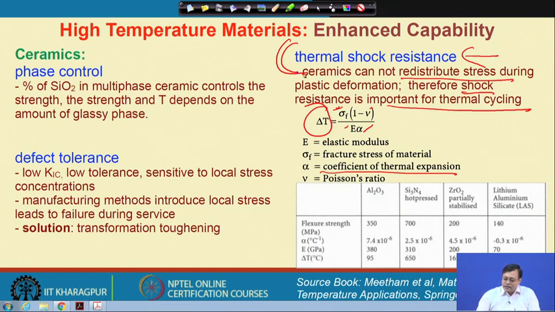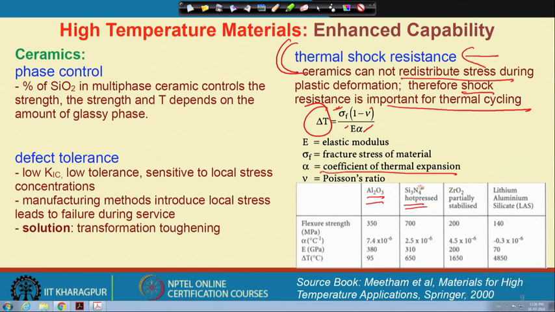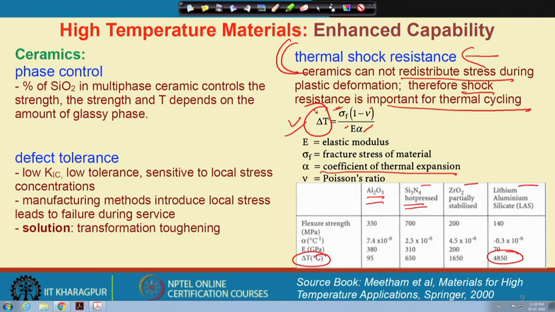In such a case, I show you three different ceramics like alumina, silicon nitride or zirconia, or let us say lithium aluminum silicate, where the delta T for lithium aluminum silicate is the highest. Okay. So, by using some parameter we can estimate which material will provide us the better service life.